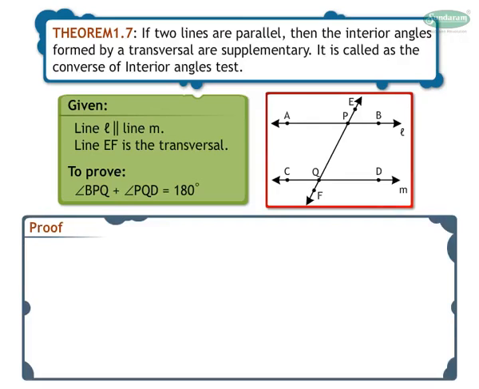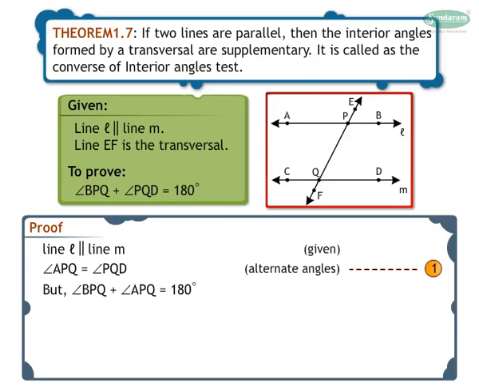Proof. It is given that line L is parallel to line M. Angle APQ is equal to angle PQD as they are alternate angles. Let us consider this as statement 1. But angle BPQ plus angle APQ is equal to 180 degrees as they are angles in a linear pair.